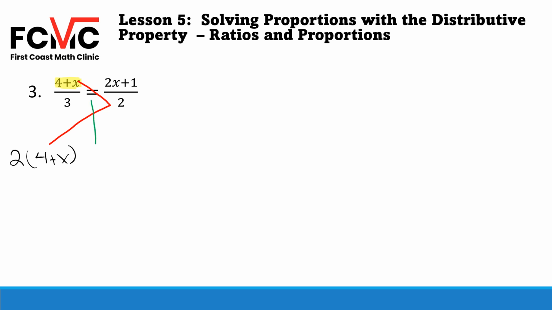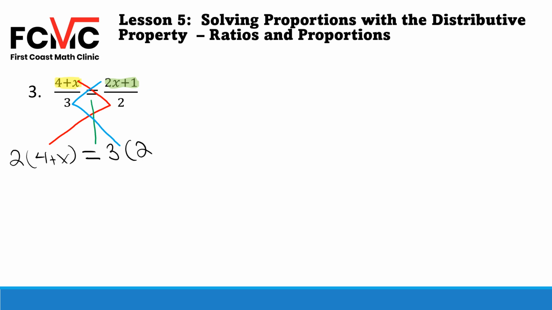Bring the equal sign down. And then this entire quantity here, 2x plus 1, times 3. So we're going to multiply the entire quantity.